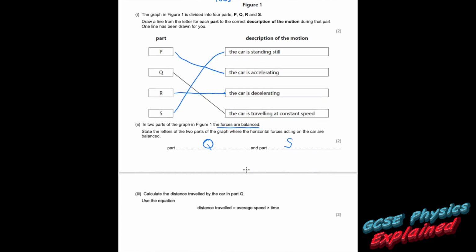So that time was 100 seconds. So average speed was 30 meters per second and times that by the 100 seconds. So that is 3,000 meters.